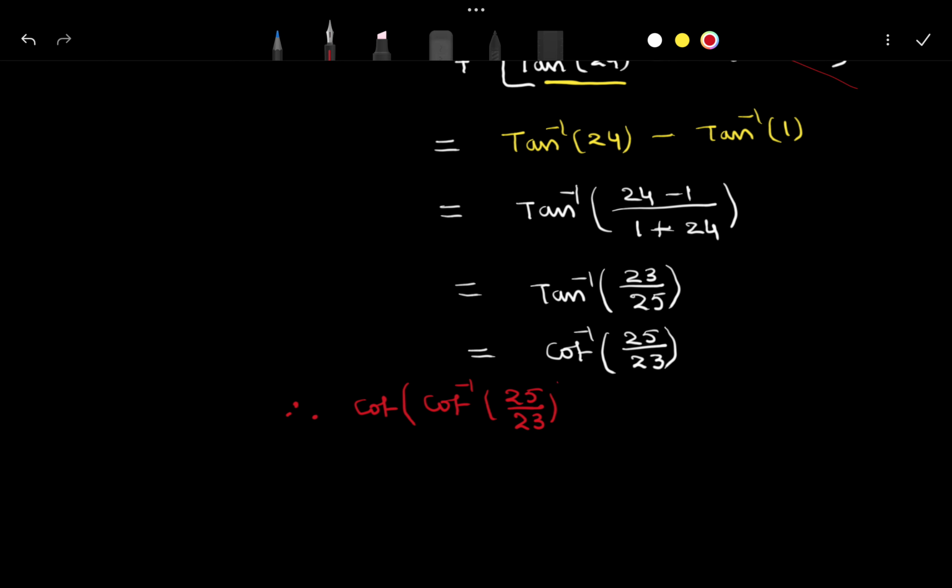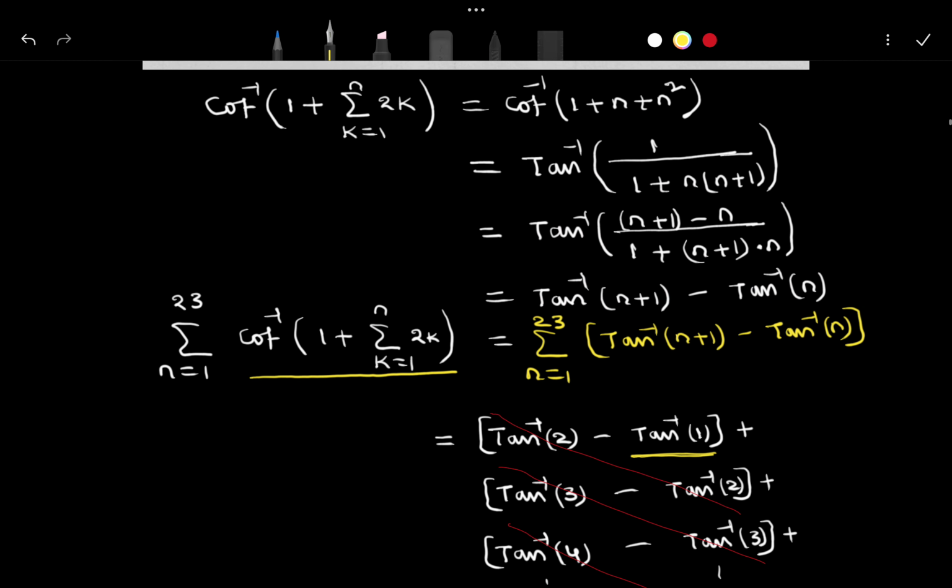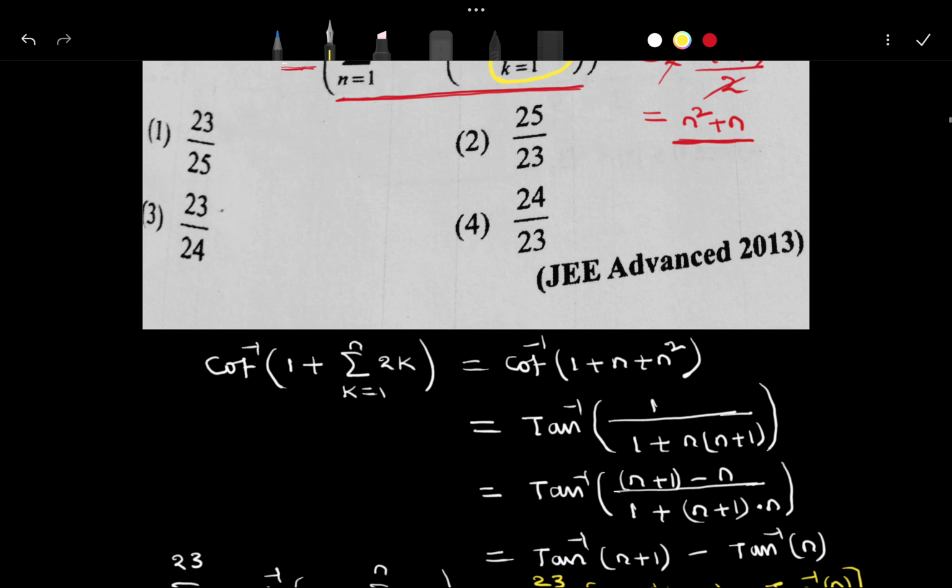Suppose an outside tan were there, you would have to take the tan of tan inverse. So this value will be equal to 25 by 23, which is the correct answer. I hope everyone is clear on this problem. So check this one, 25 by 23. Your right answer will be the second option.